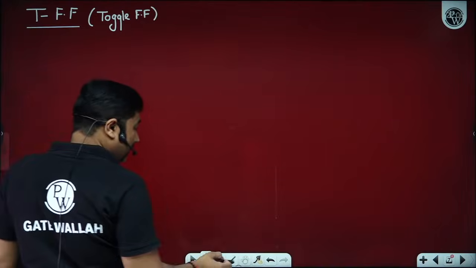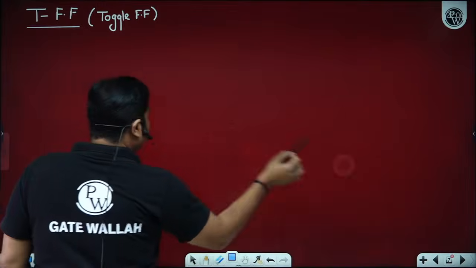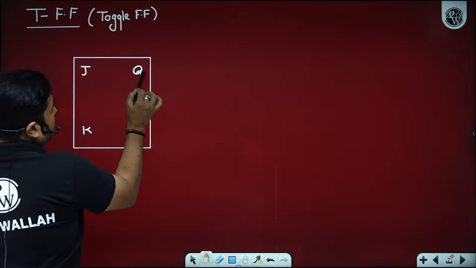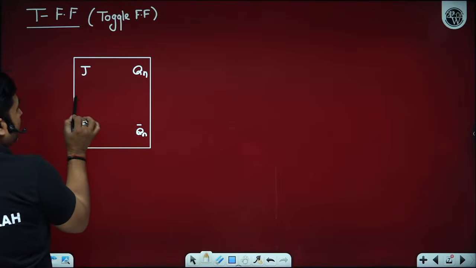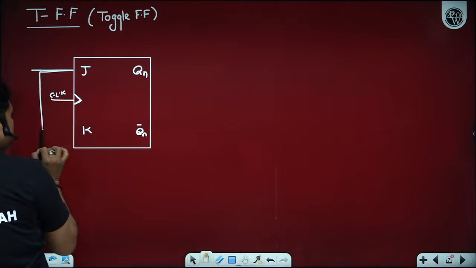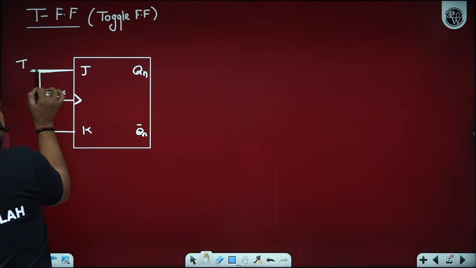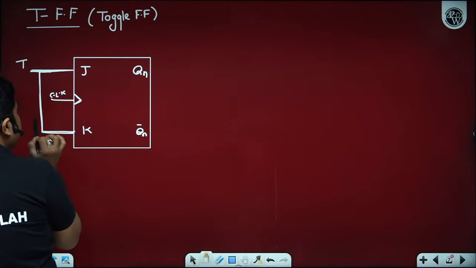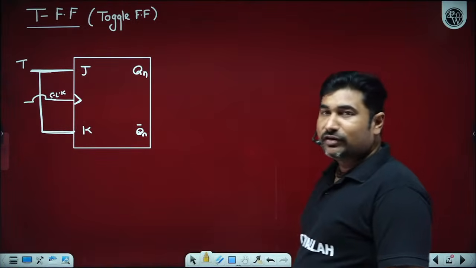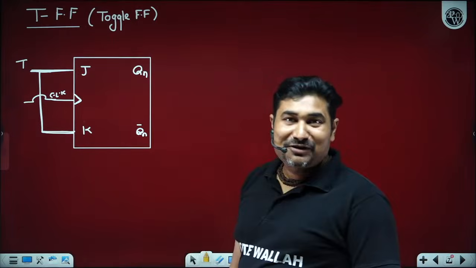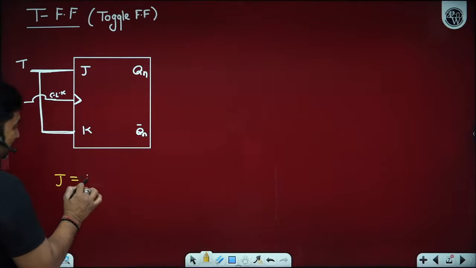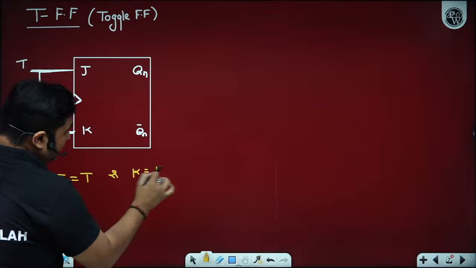A T flip-flop can be designed by using a JK flip-flop, where J is equal to T and K is equal to T. Very simple. So a T flip-flop can be designed by using a JK flip-flop: J is equal to T, K is equal to T.